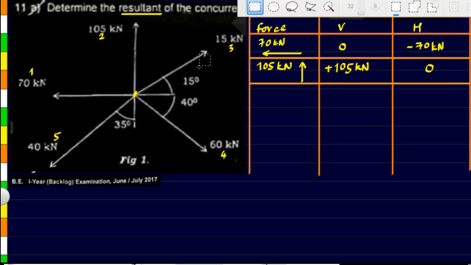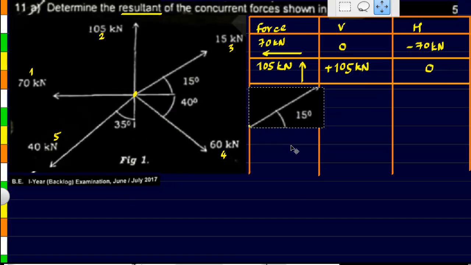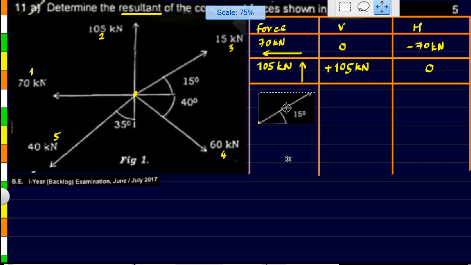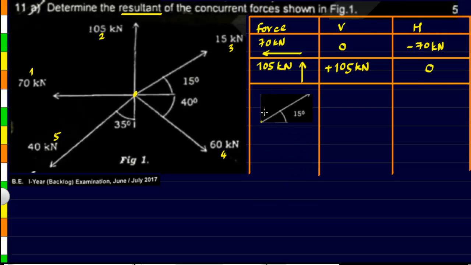Now the next force is acting at an angle of 15 degrees, inclined to the x and y axis. It's acting in this direction. Its value is of course 15 kilonewtons, so we will have to take its components carefully.